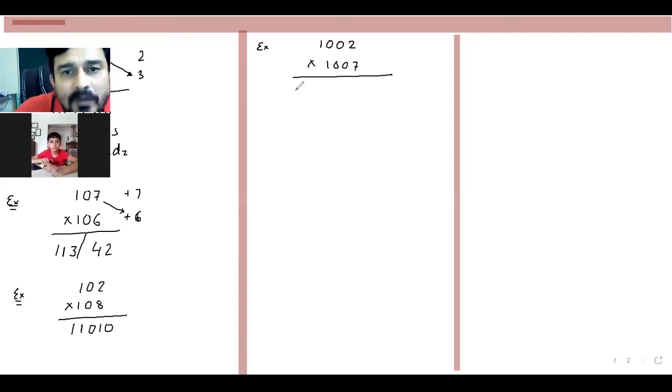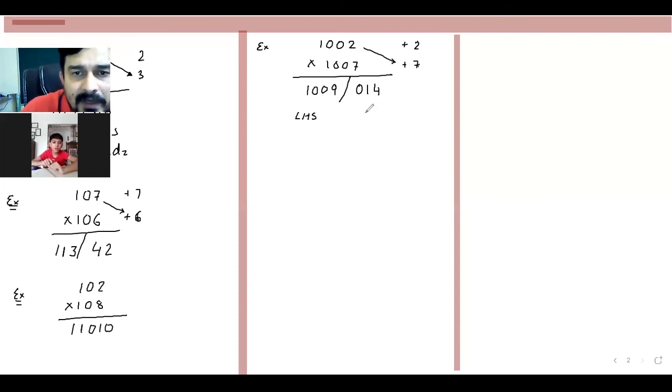This is D1 into D2: 7 times 2 is 14. And here the base has 3 zeros, so you have to write 014. And for LHS, add these. Got it?